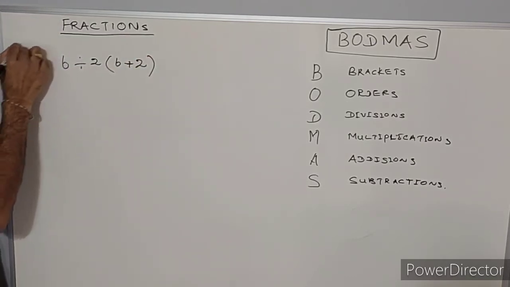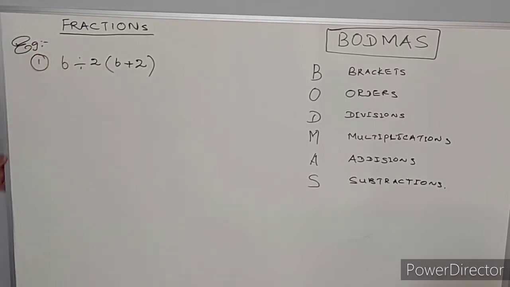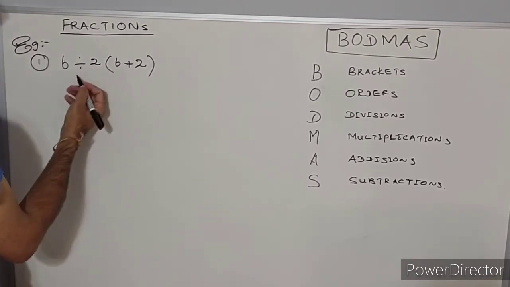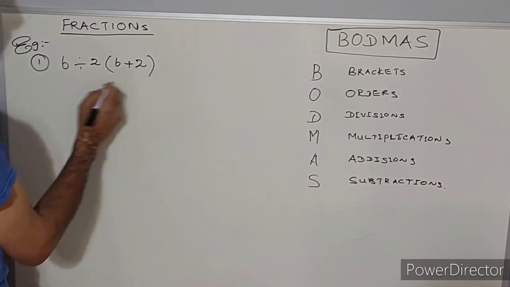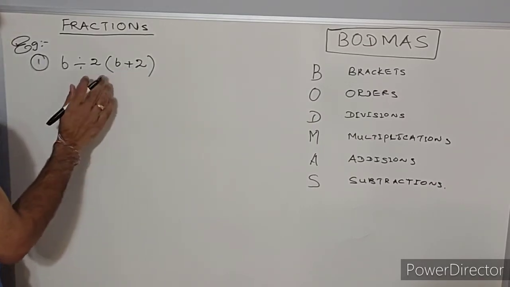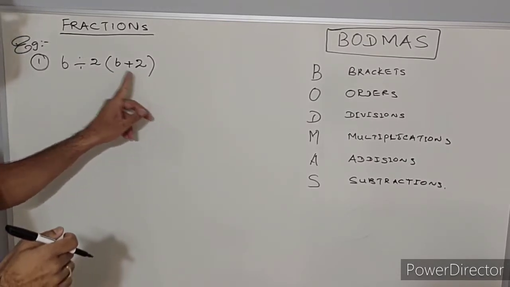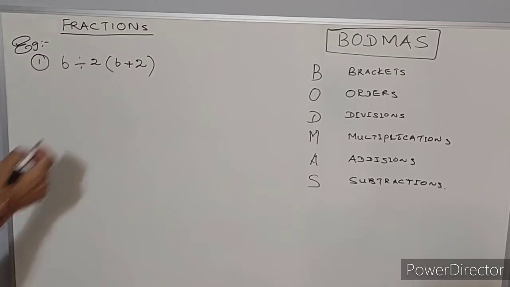This is example 1. Okay, you can see what signs we have. We have the division, we have the bracket, and we have the plus. Once you take out the brackets, it becomes multiplication.